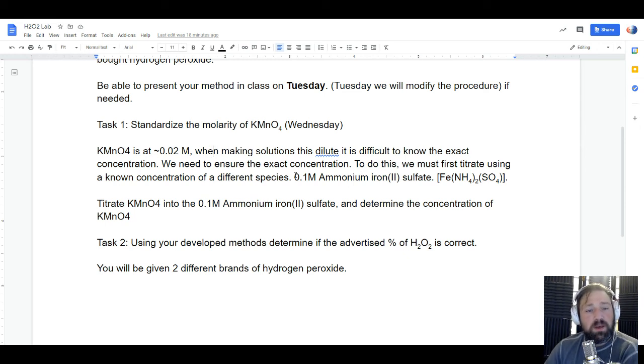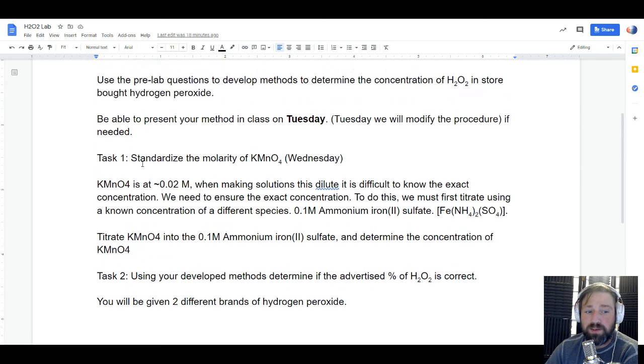We're going to be using ammonium iron 2 sulfate. This is a very easy to get concentration. We know this concentration exactly. So we're going to use this to figure out the exact concentration of potassium permanganate.